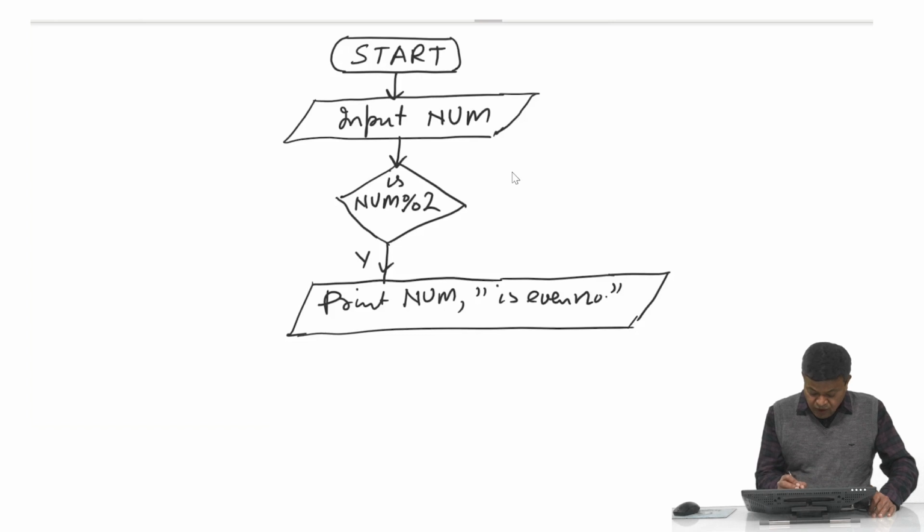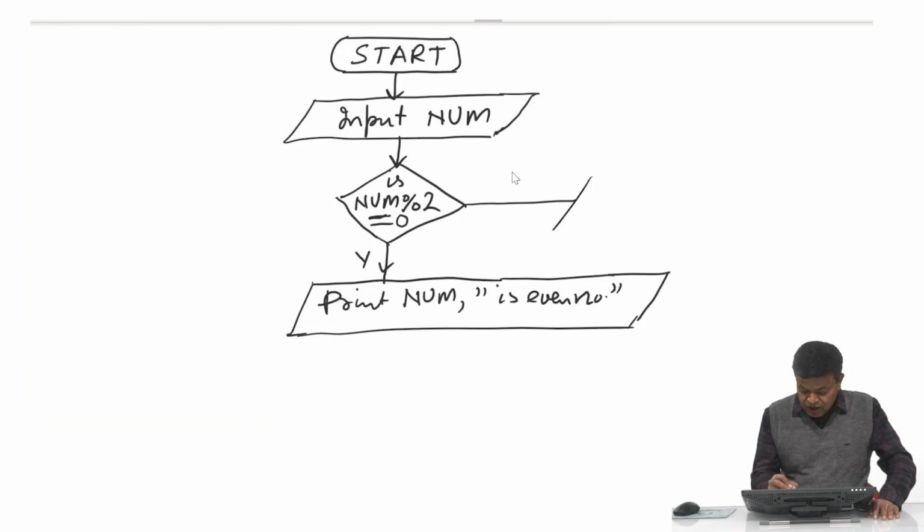If the remainder, that is NUM divided by 2, is equal to 0. See, my flowcharts are simple, because in C language whenever you take a decision you use double equal to, but in these flowcharts I am using a single equal to only. If NUM divided by 2 is equal to 0, it means the remainder is 0, so that number is an even number.